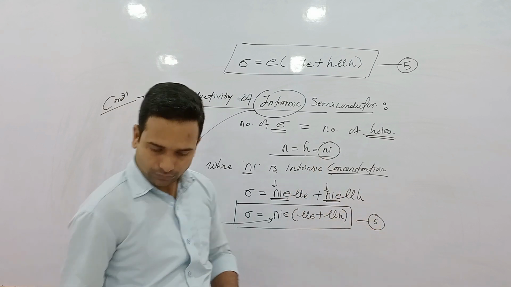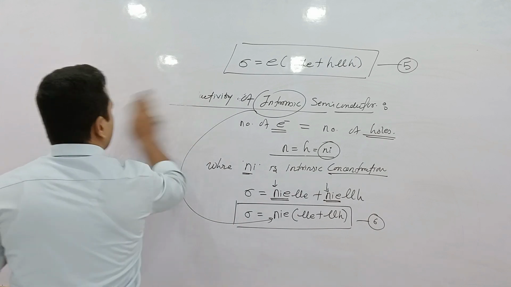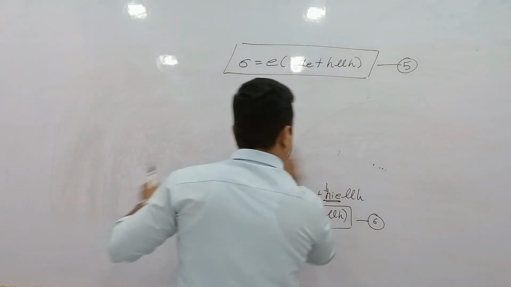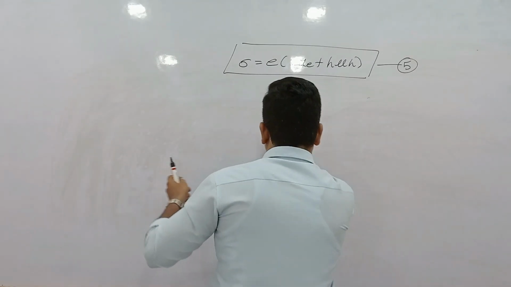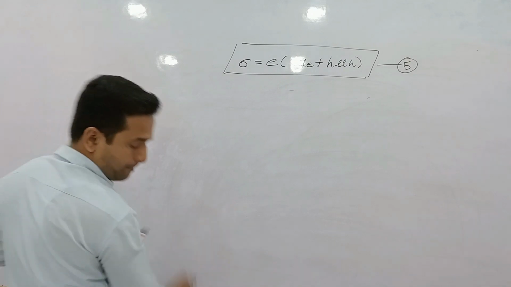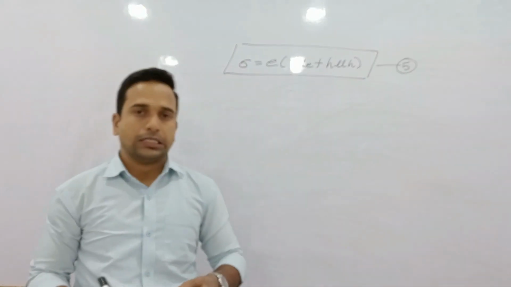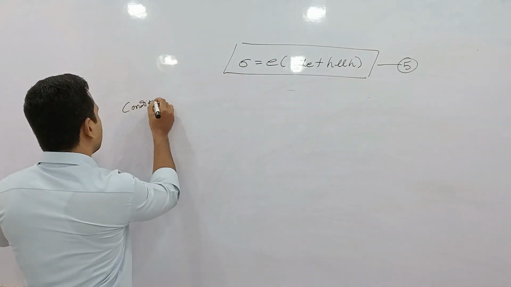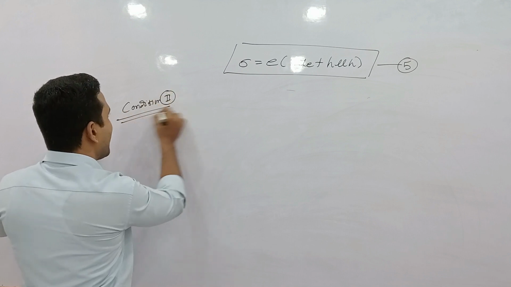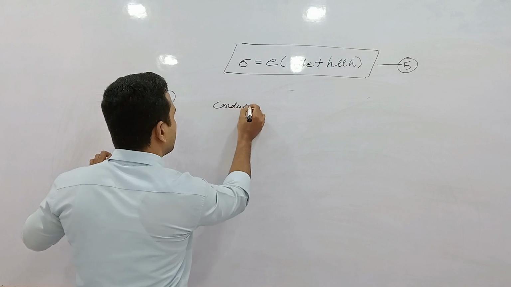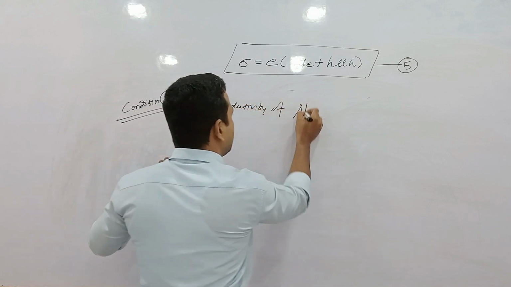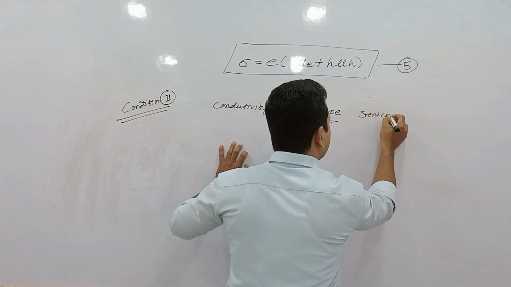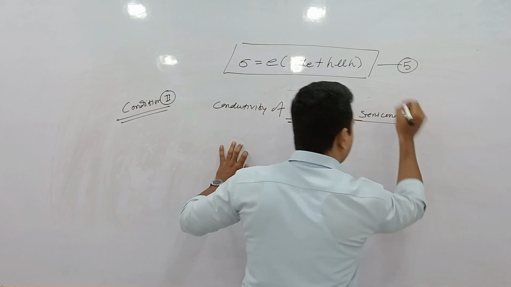Now second condition. Condition 2: conductivity of n-type semiconductor.